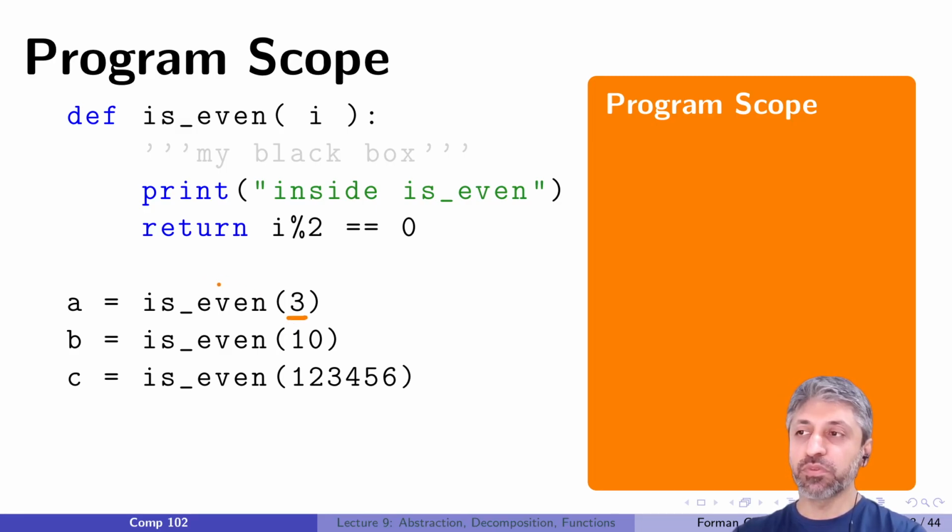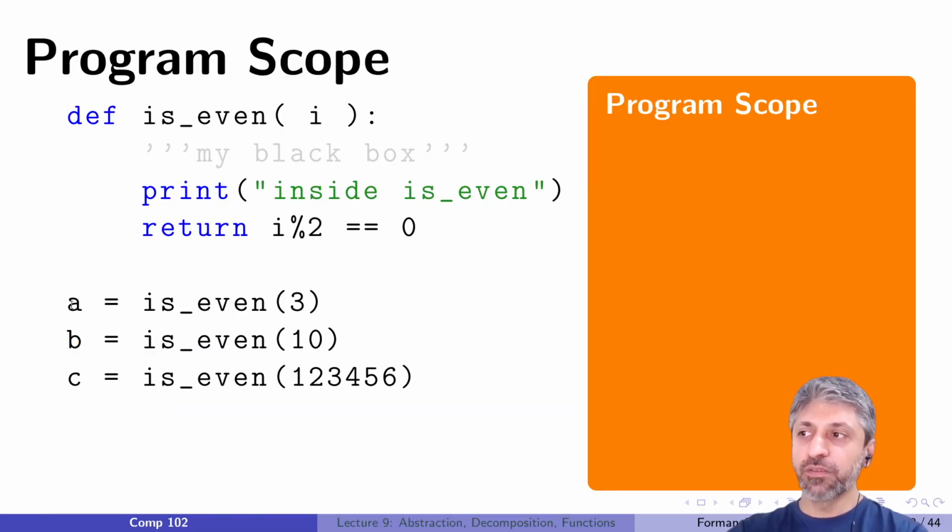Basically, it's going to compute stuff, go into the black box, and then return the result in A. And this is going to return the result in B, whatever that is when you pass 10 as a parameter. And then the same thing is going to happen with C. So all of these call expressions are going to return some value in their variables.